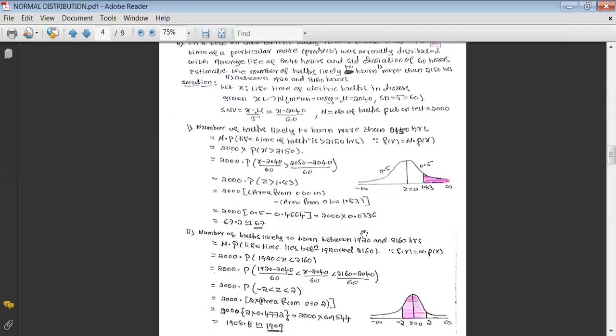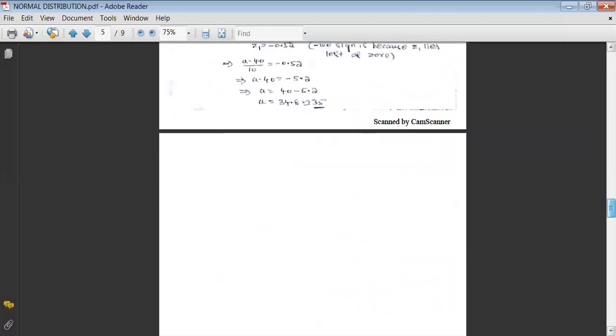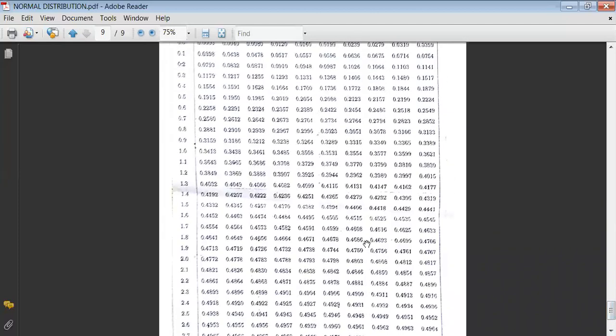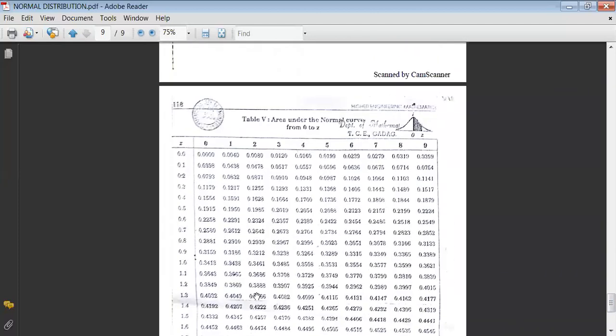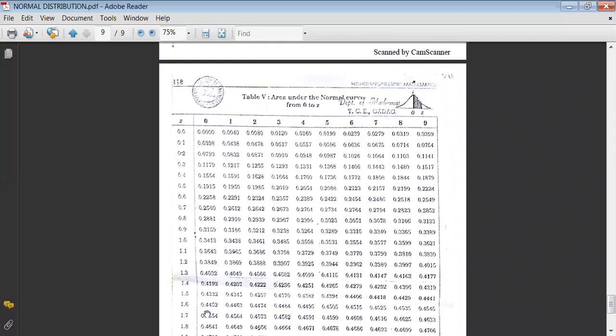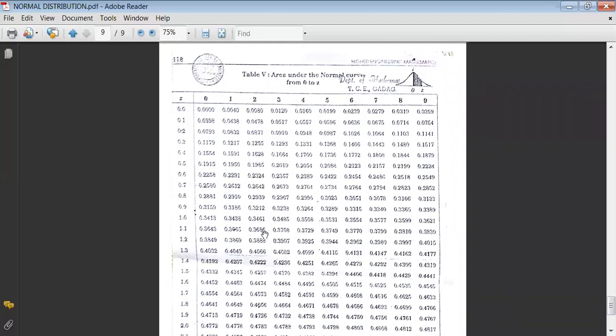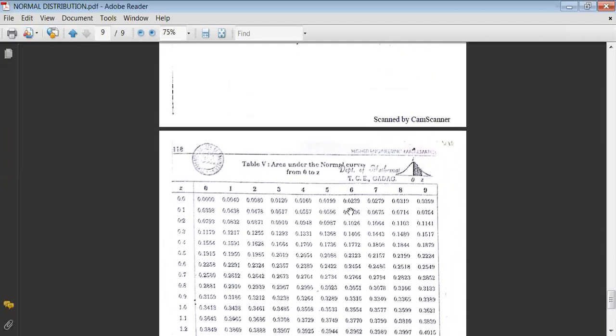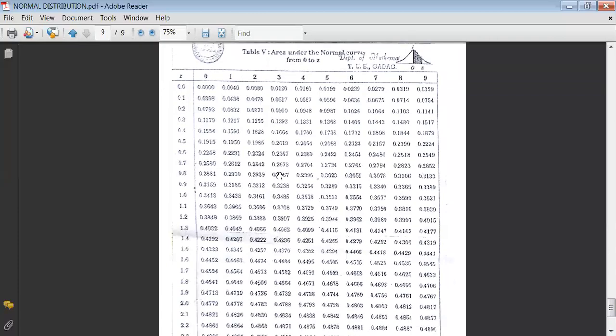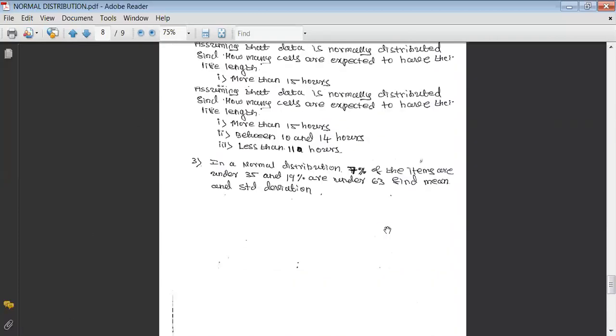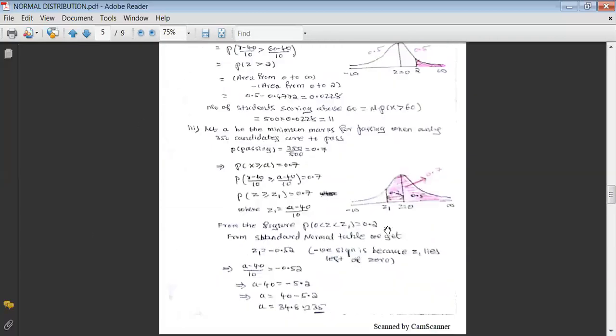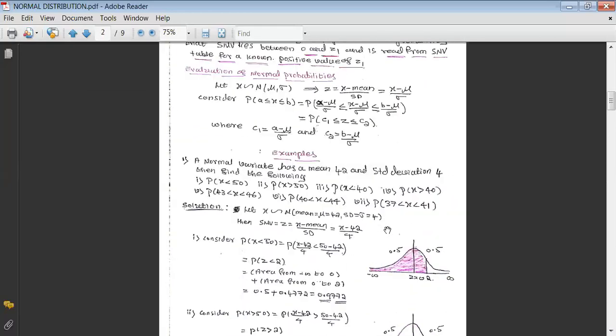At the end of this particular page, the standard normal table is mentioned, from which we can take the probabilities required for calculating normal probabilities. Whenever we require, let us refer to this table and take the respective values from it.